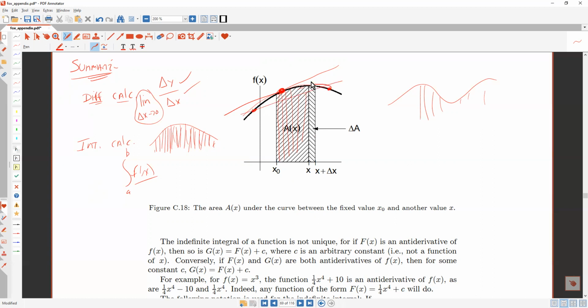We're bringing this point closer and closer and closer to right here until we get to that slope. Notice that we start off with an approximation, and then we refine the approximation by going to the limit. Change in y relative to change in x, but refine it now by taking it to the limit.